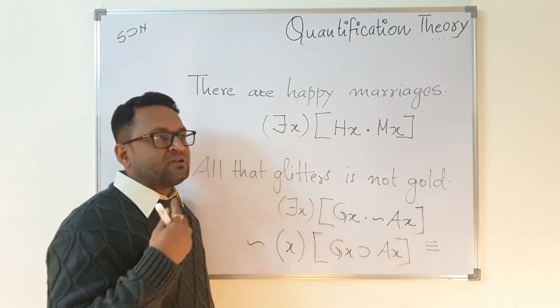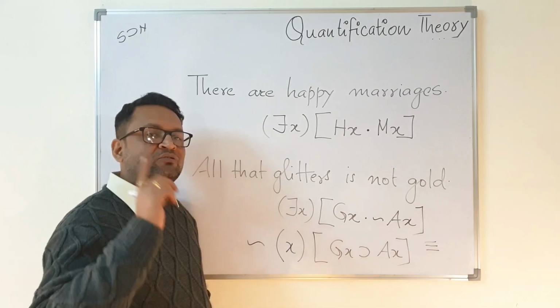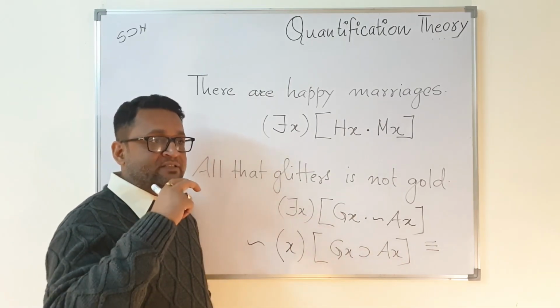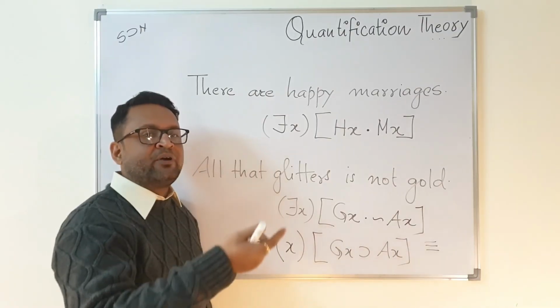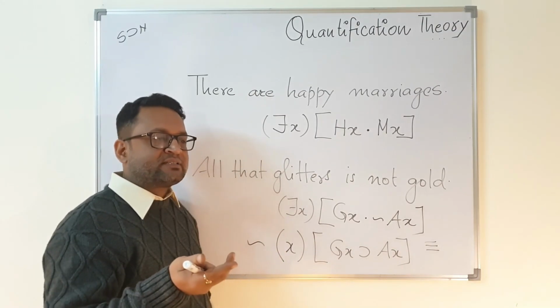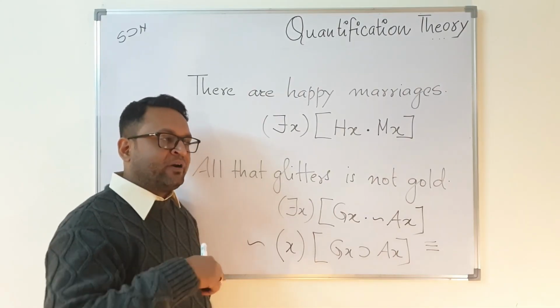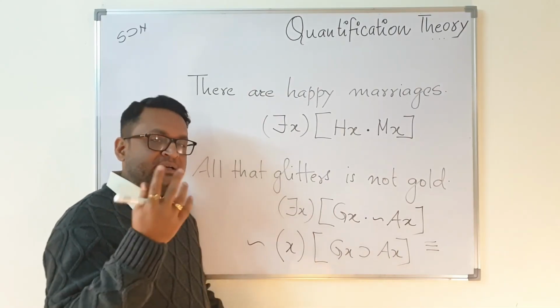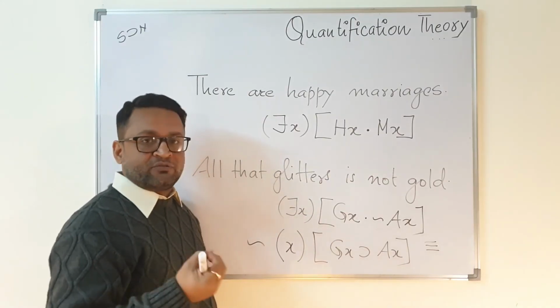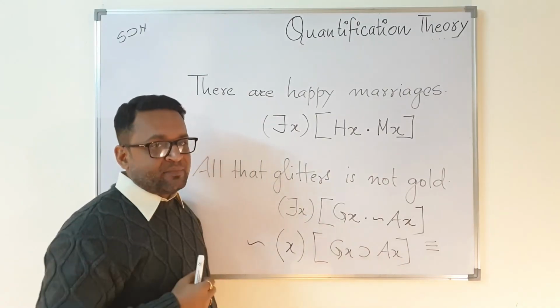You need to understand how you can understand a proposition, because sometimes it is difficult to understand it from an A point of view, so you can understand it from an O point of view. Sometimes it is easy to understand it from an E point of view or an I point of view, or vice versa. It depends. So there are ways to catch hold of questions and try to symbolize them properly.